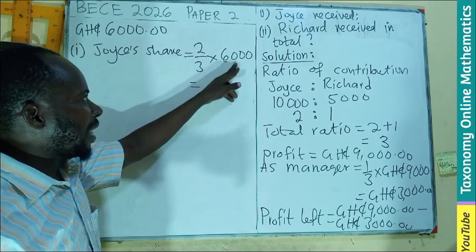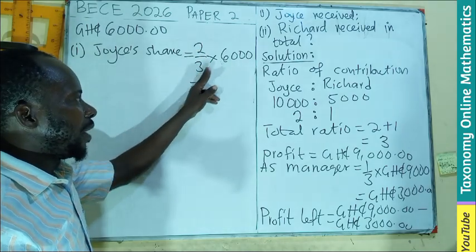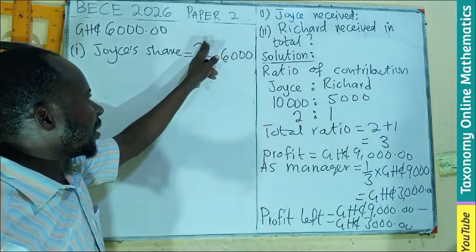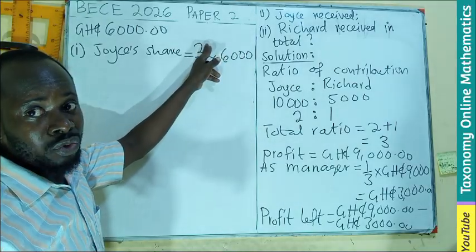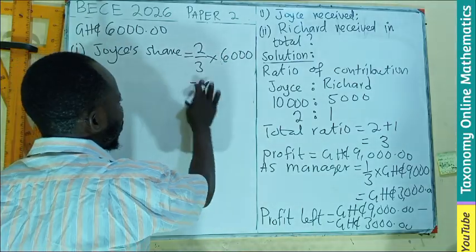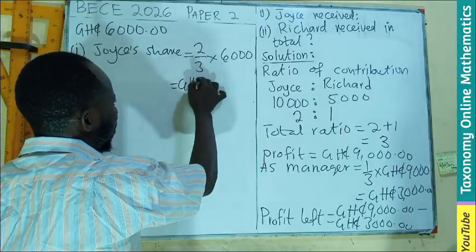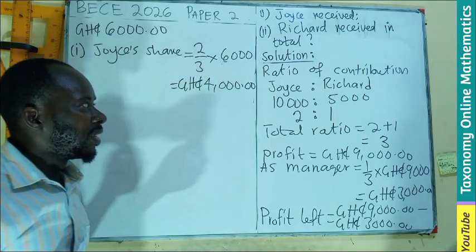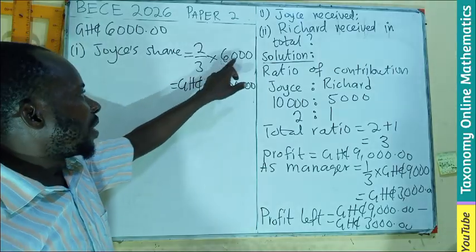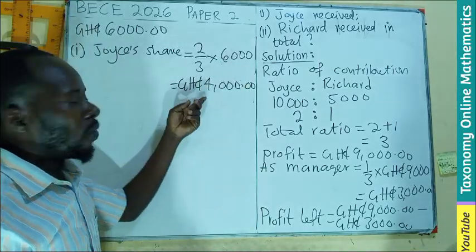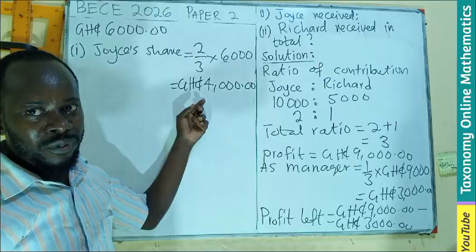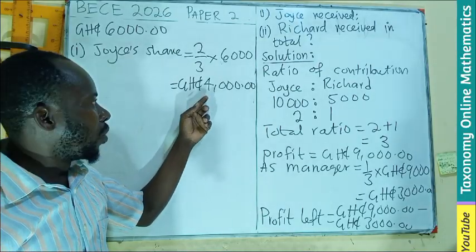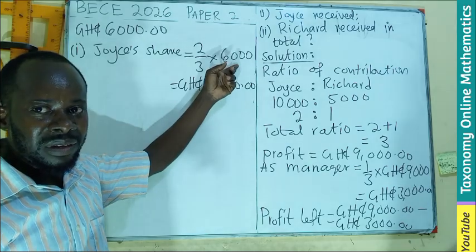Remember, this is multiplied, this is divided by 3. 3 goes here, that will be 2,000. 2,000 times 2 will be 4,000. Out of the 6,000, Joyce will take 4,000. Now, it's obvious that Richard will take the remaining 2,000, because 2,000 plus this gives you 6,000.